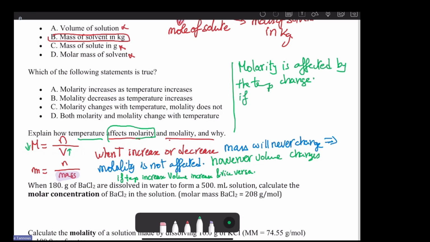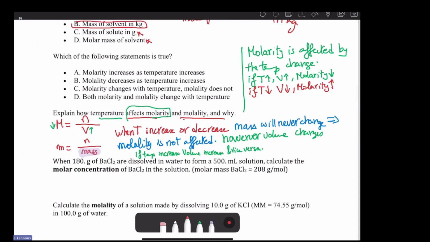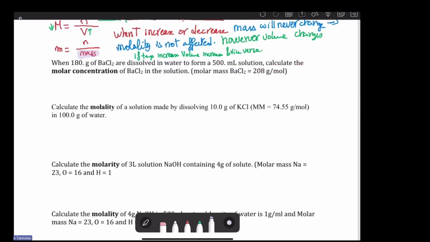So, if temperature increases, volume increases, molarity decreases. If temperature decreases, volume decreases, but molarity will increase. So here's the full explanation. So which of the following is true? Molarity changes with temperature, molality does not.